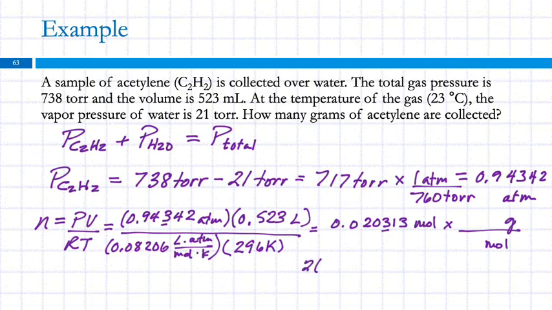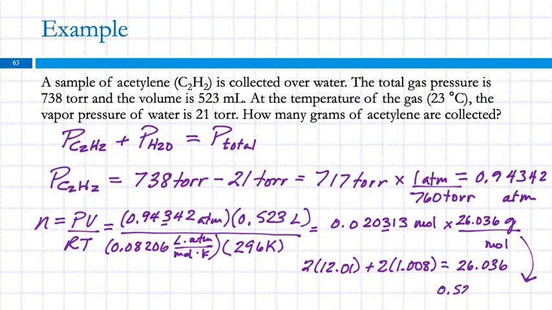So we've got 2 times carbon plus 2 times hydrogen, 26.036. That gives .529 grams.